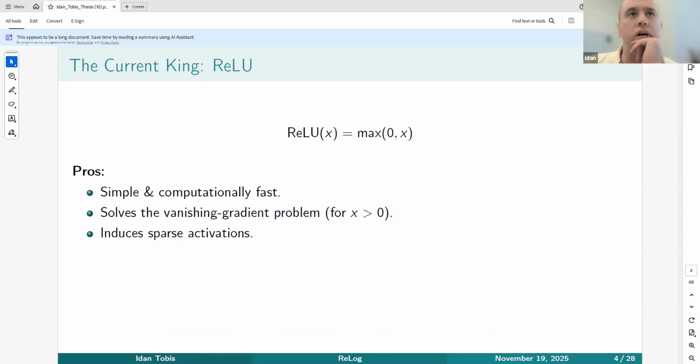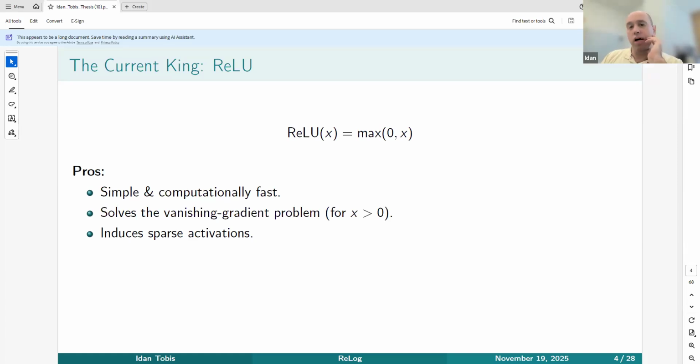So the current king in general tasks is ReLU, and the main reason is that it's simple and computationally fast. Again, this was proven by Bengio and LeCun in 2010. This solves the problem of vanishing gradients that we have in sigmoid, where when you're far from the y-axis, your gradients basically vanish.